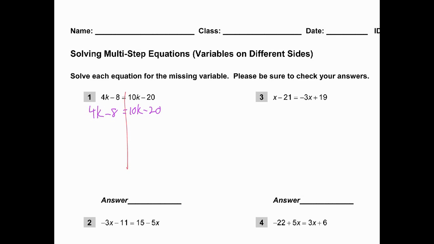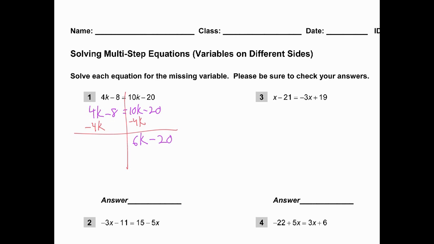So as you recall, what I'm going to do is subtract the 4k from each side. So now, on the left-hand side, 4k minus 4k is 0k. And on the right-hand side, we have 10k minus 4k gives us a positive 6k, which is what I like, a nice positive coefficient in front of the variable.